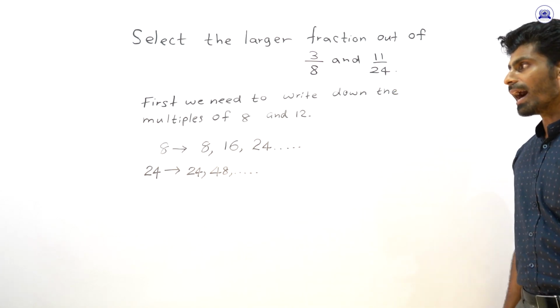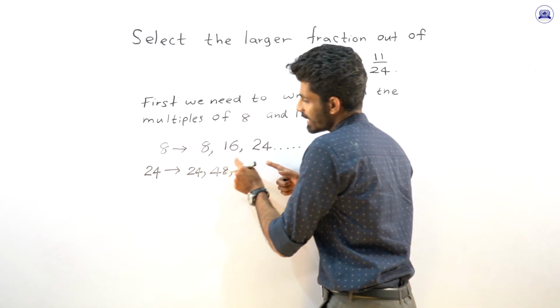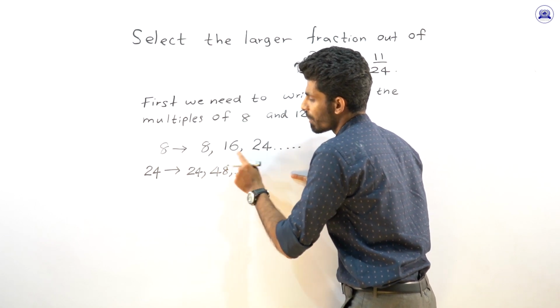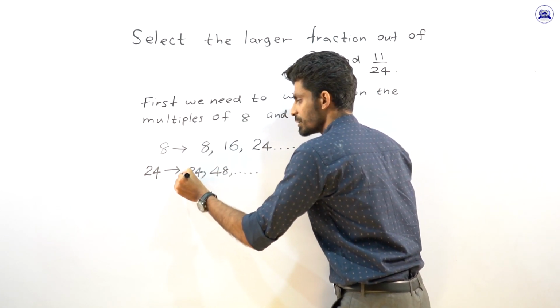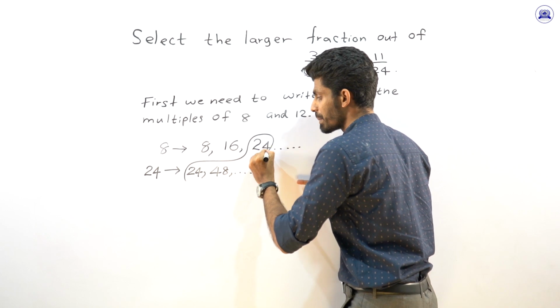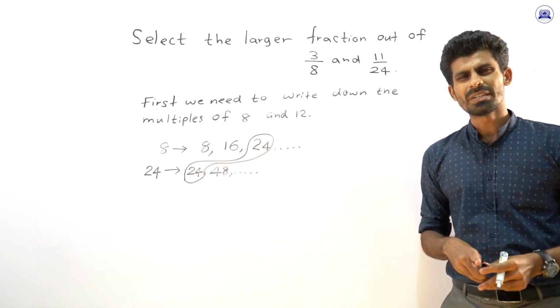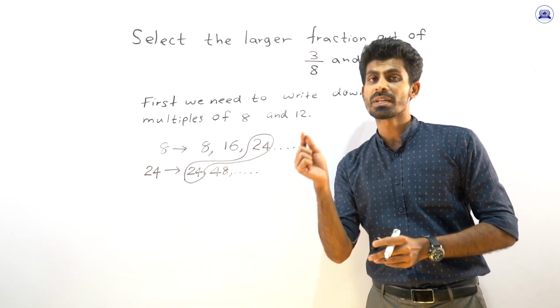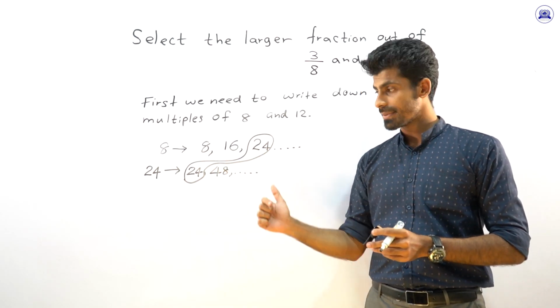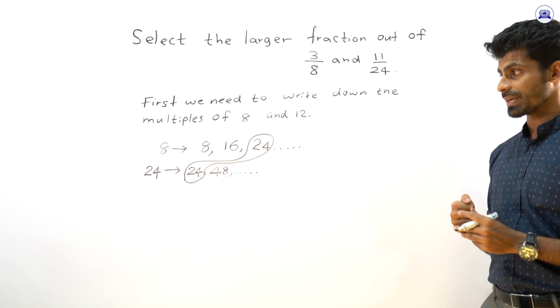Right? So can you see the common multiples, the common numbers there? 24 is the first common number. Lamai, we need to select the first common number. What is the first common number? 24. So we need to select that one.